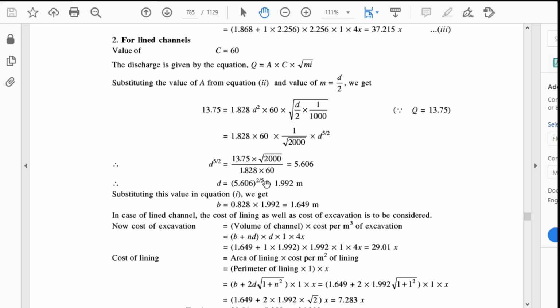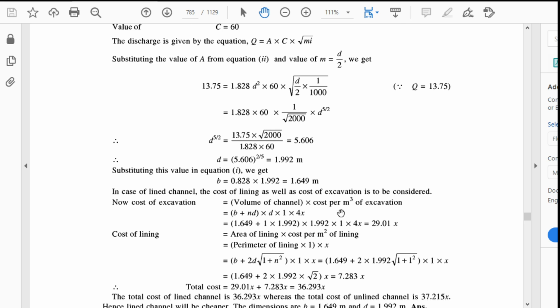So D here is 1.992 meters and the width is 1.649 meters. Here C changed, so the depth and width are also changing.